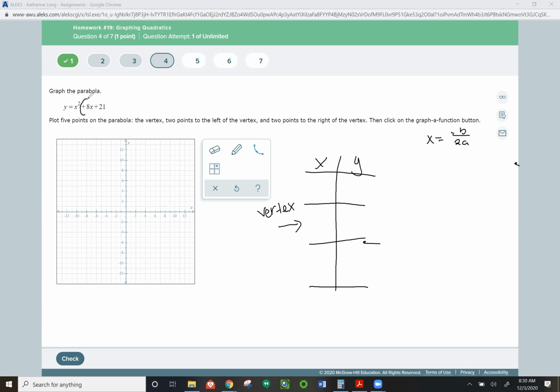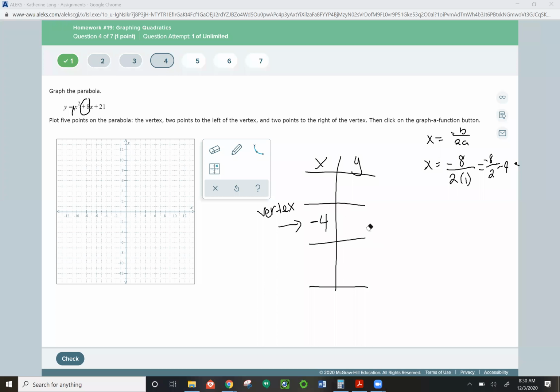Here my B is 8 and my A is 1. So it's going to be X equals negative 8 over 2 times 1. So I have negative 8 over 2, which is equal to negative 4. So I know my vertex occurs at X equals negative 4.